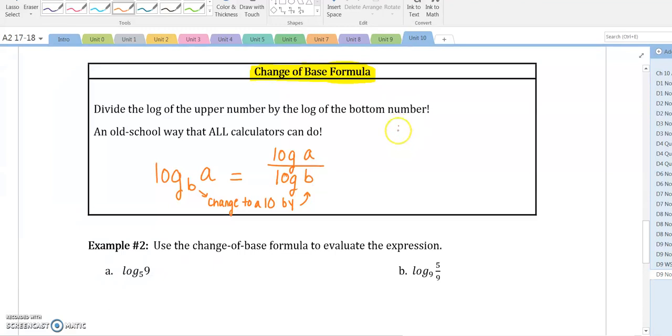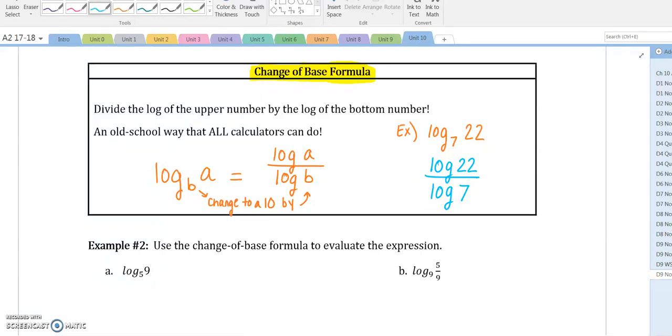Again, just to give you an example, if I had log base 7 of 22, and I wanted to type that in my calculator, since it's a base 7, I can't just type log 7 22. That doesn't work. Instead, I would do log of the upper number divided by log of the bottom number, and I would type that in my calculator.